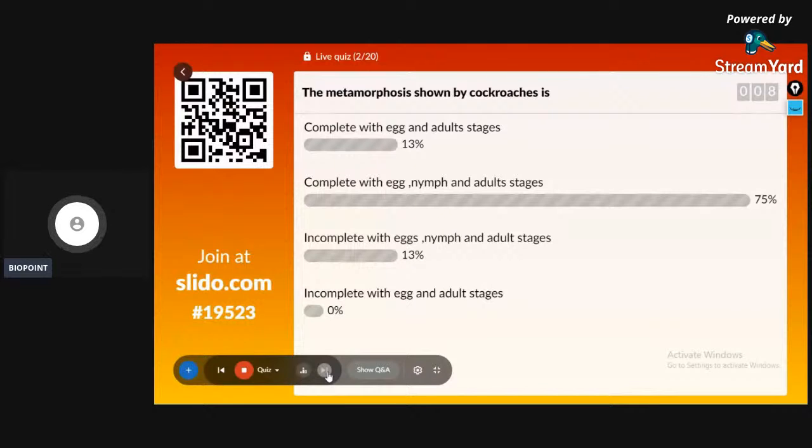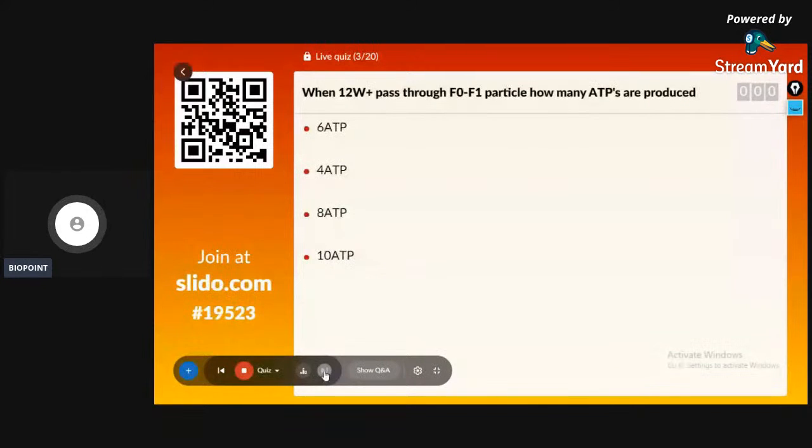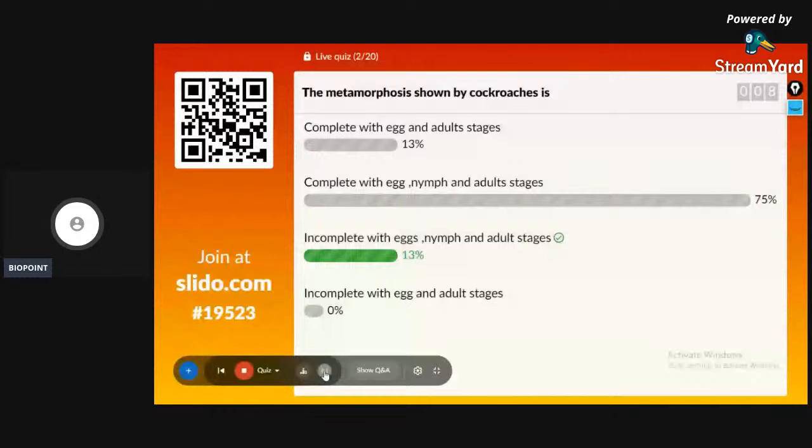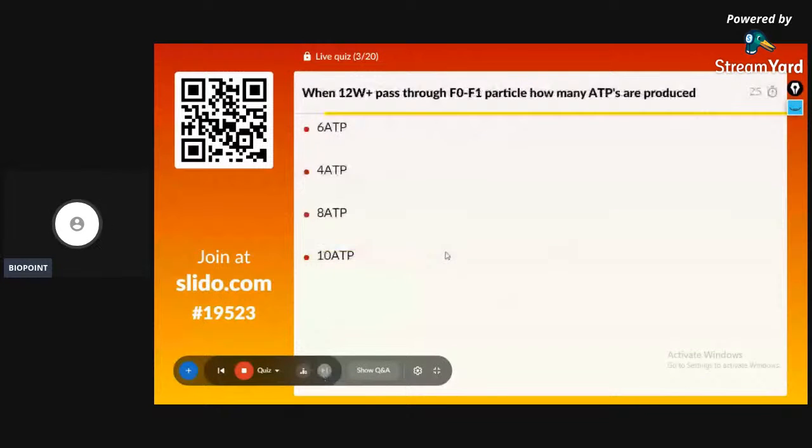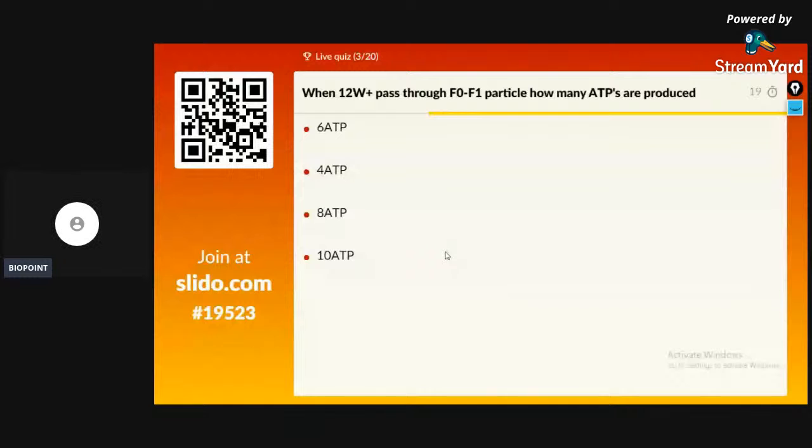Third question on the screen. When 12 H plus pass through the F0, F1 particle, how many ATPs are produced?